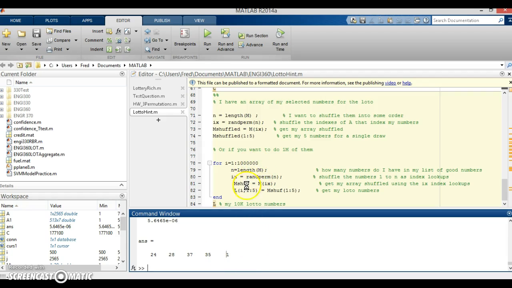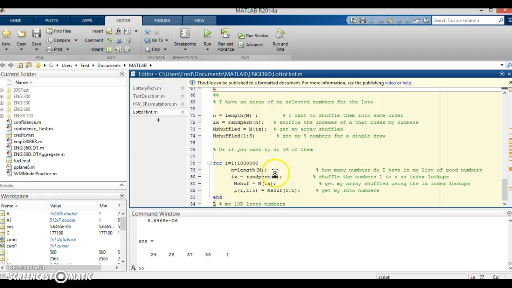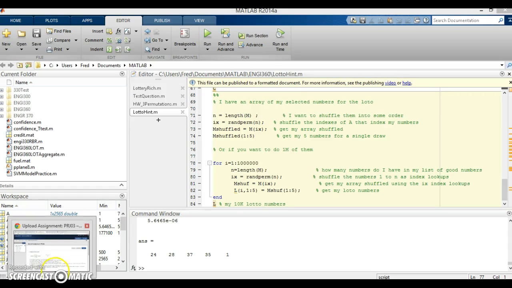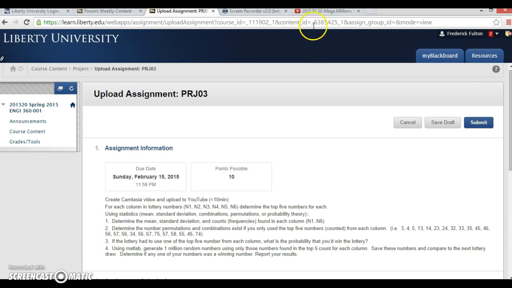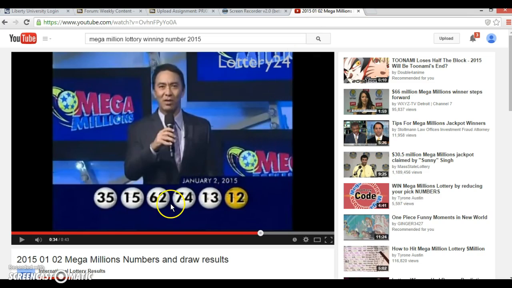Now, since we obviously can't see this many, it'll be hard to determine whether it's going to win all the time or not. But we can see the numbers selected that have won on January 2nd of 2015. I think the most recent drawing that I was able to get is 35, 15, 62, 74, 13, and 12.